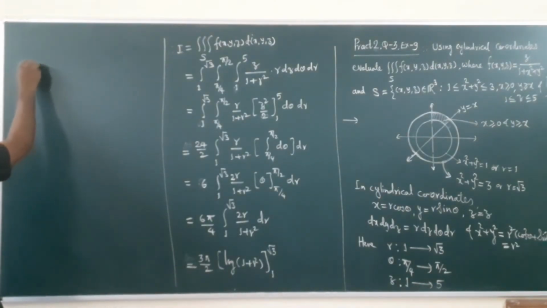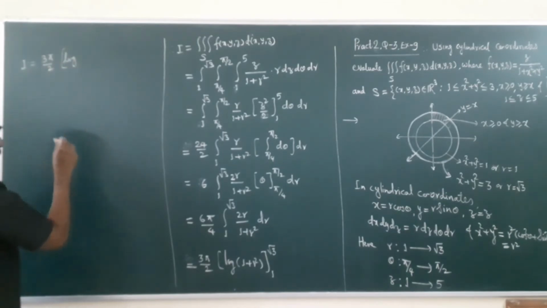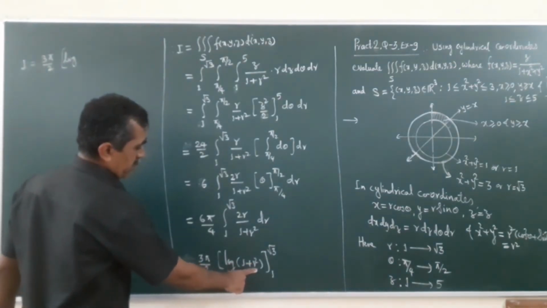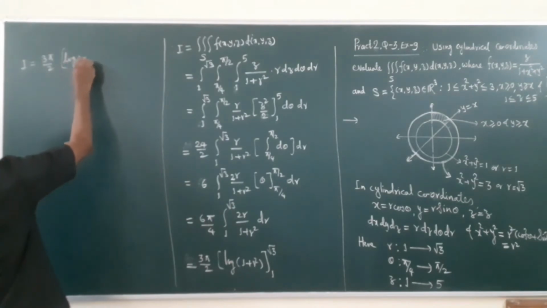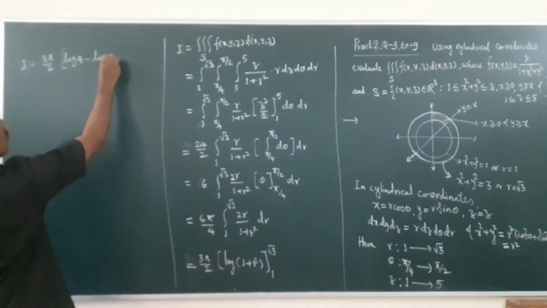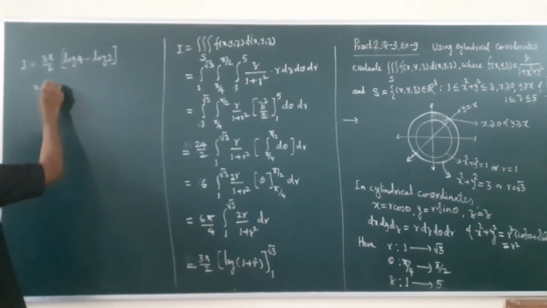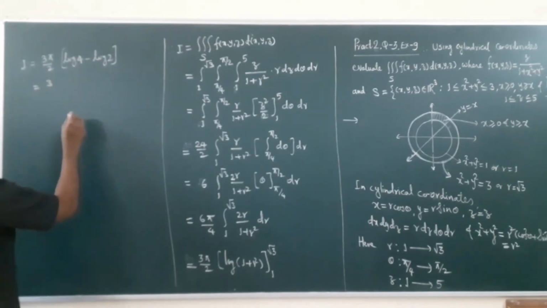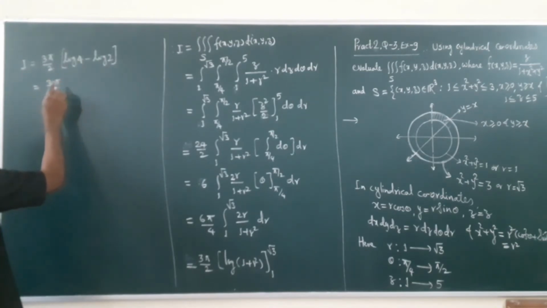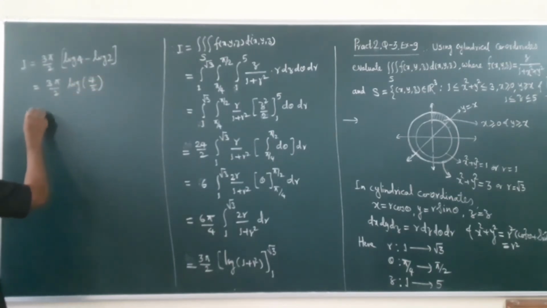So therefore I is equal to 3 pi by 2 into log of, now put root 3 here, so 1 plus 3, that is 4. So log of 4 minus log of 1 plus 1, that is log of 2. So log m minus log n is log of m by n.